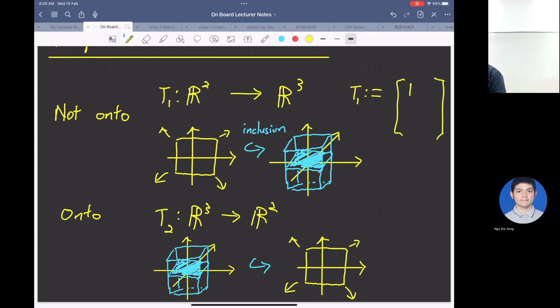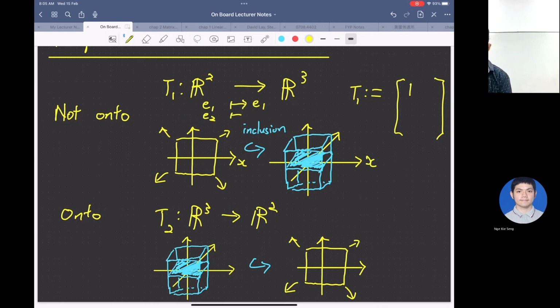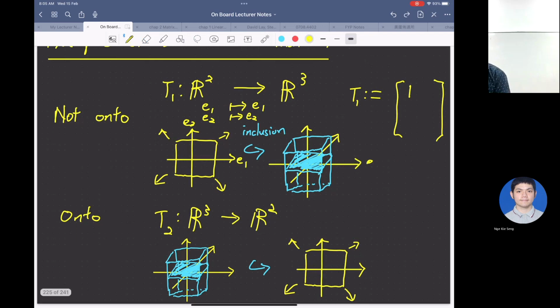E1 maps to E1, and E2 maps to E2. So I put the columns as E1, E2, and the rows as E1, E2, and E3.